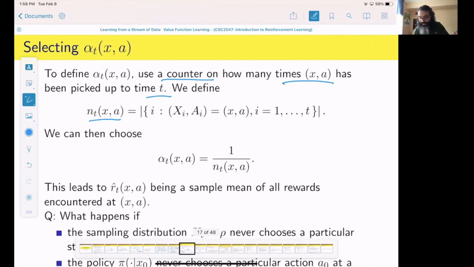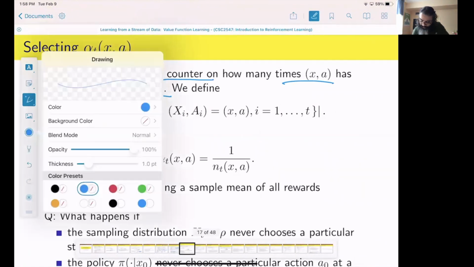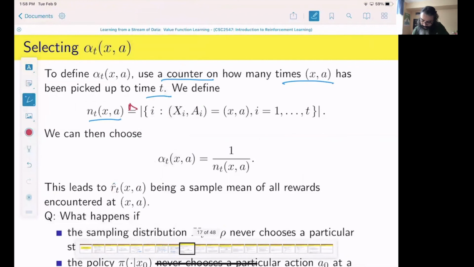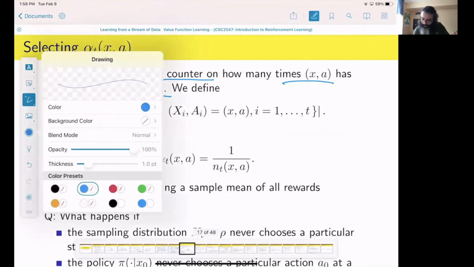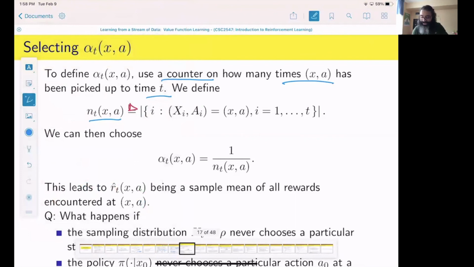So n_t, I define it as follows. For state x and a with index t, it would be the number of times that x_i, a_i is equal to x and a from time 1 to t.